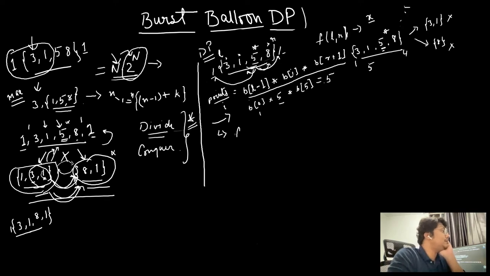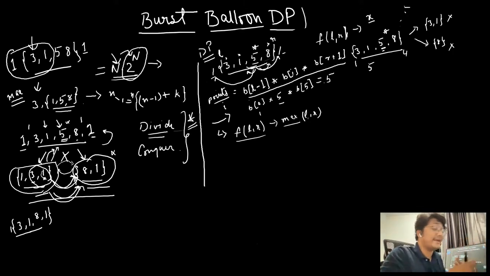If I call the function for a left element and a right element in this range, this will give me the maximum points I can get by bursting the balloon in the range left and right. So this is essentially giving me the maximum points which I gain if I go in the left side.